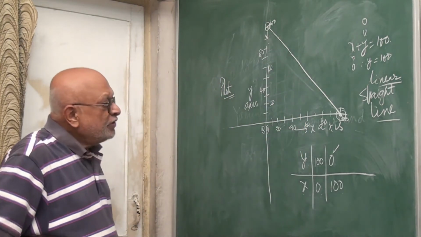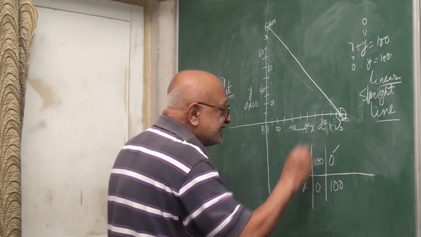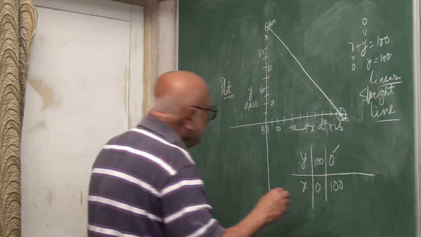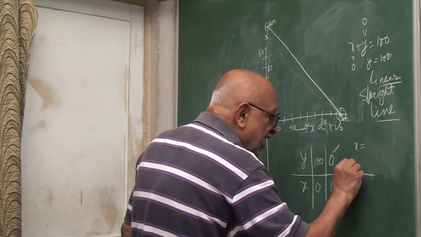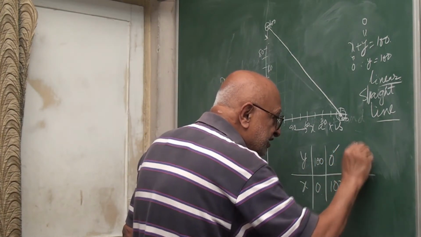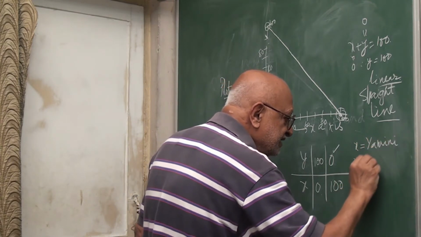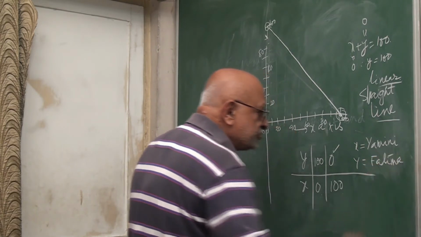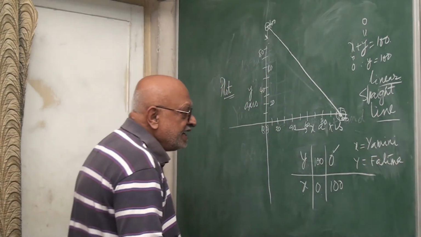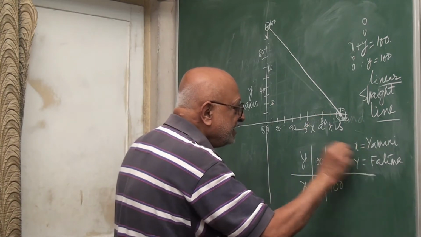Okay, now see how this will come. Okay, let us say x is equal to, so let's not forget, y equal to, x equal to Yamini, and y is equal to Fatima. So I can say that x is Yamini.